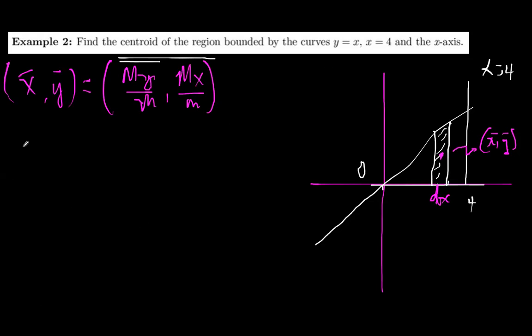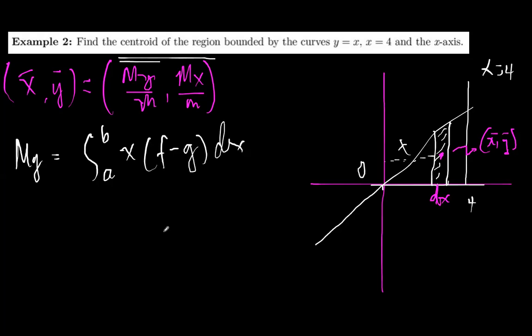We need to find M sub y first. The formula for this is the integral from a to b of x times f minus g dx, where x is the distance using the moment. So let's substitute.